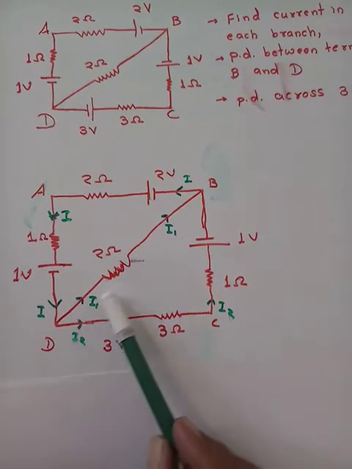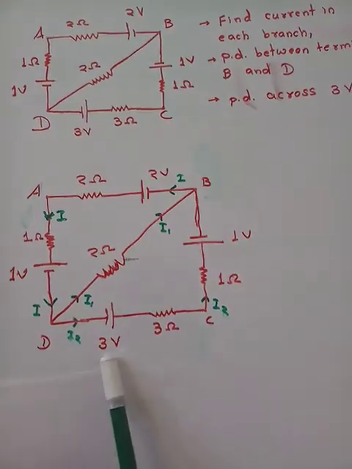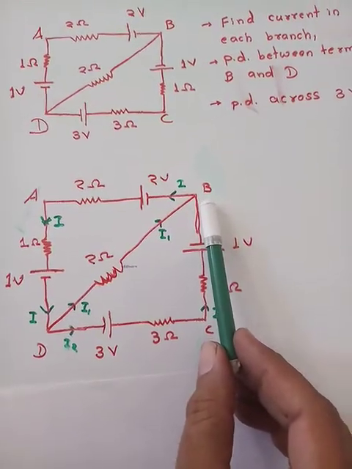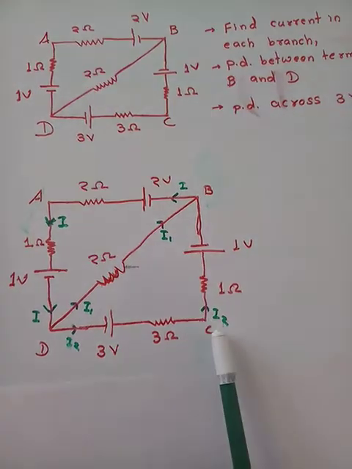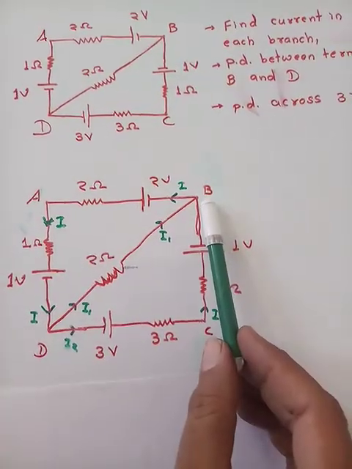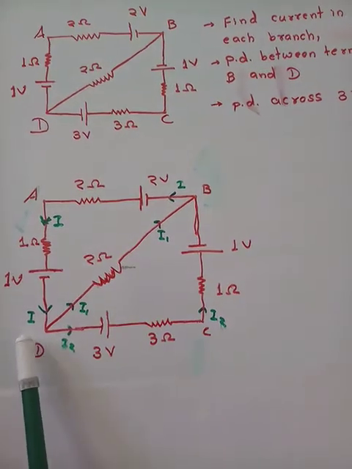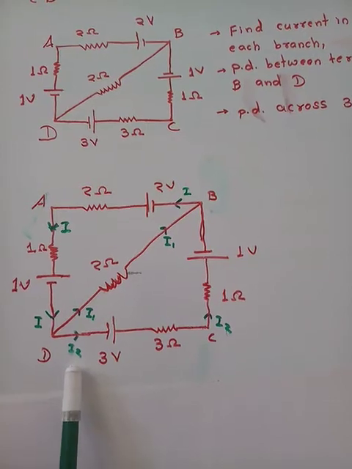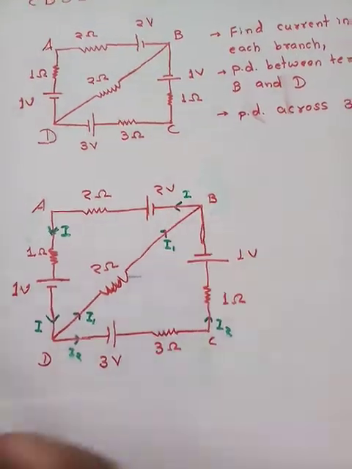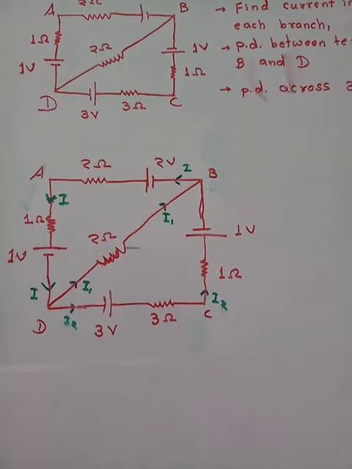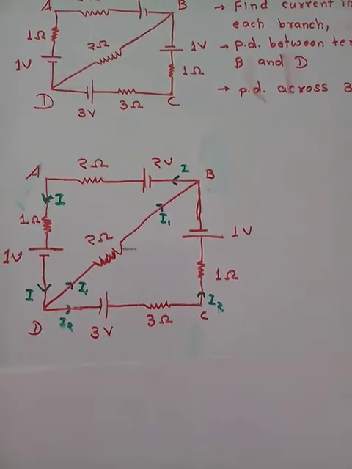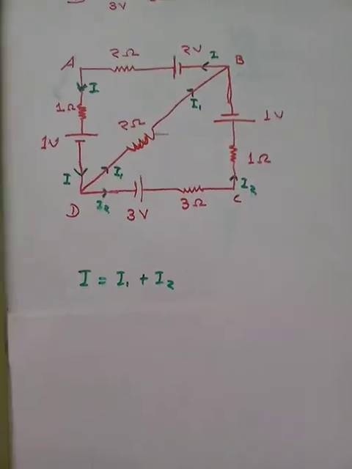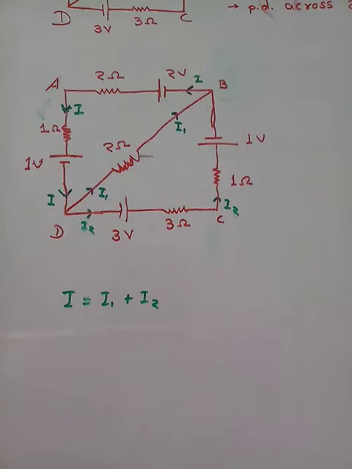I1 continues up to B, I2 also continues, it passes through C, then it again reaches B. At terminal B, I1 and I2 both currents will combine, and because I was distributed as I1 and I2, when you add up I1 and I2, what you get is current I. So this is the first equation I will write, that I is equal to I1 plus I2. This is the first equation.